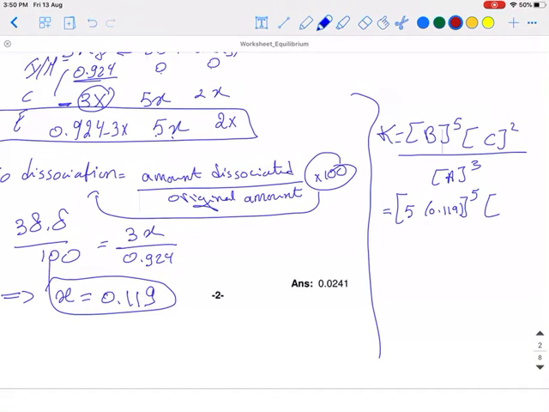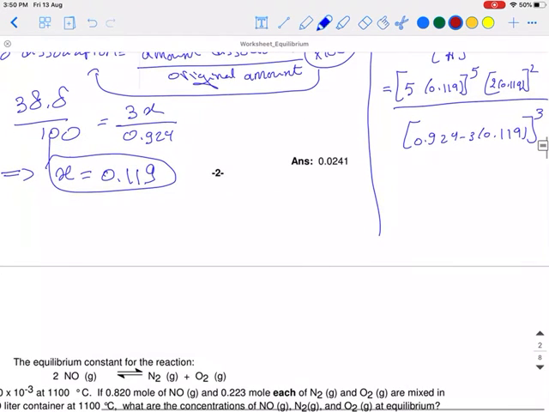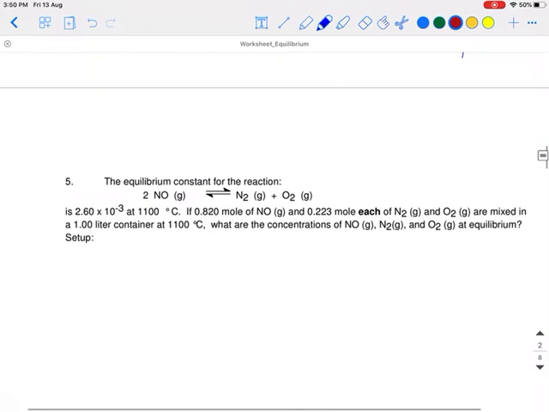C is 2x, so 2 times 0.119, all to the power of 2, over A, which is 0.924 minus 3 times 0.119, all to the power of 3. And the final answer will be 0.0231. This is the value of K.